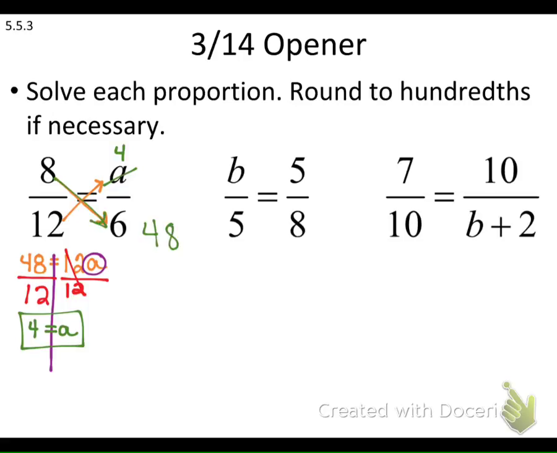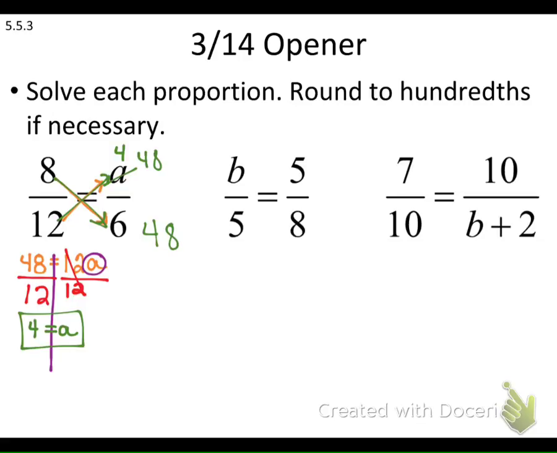Well, what's 12 times 4? 48. So 48 equals 48? Yeah, they're the same number, so they're going to be proportional. You don't have to do all that extra stuff, though.